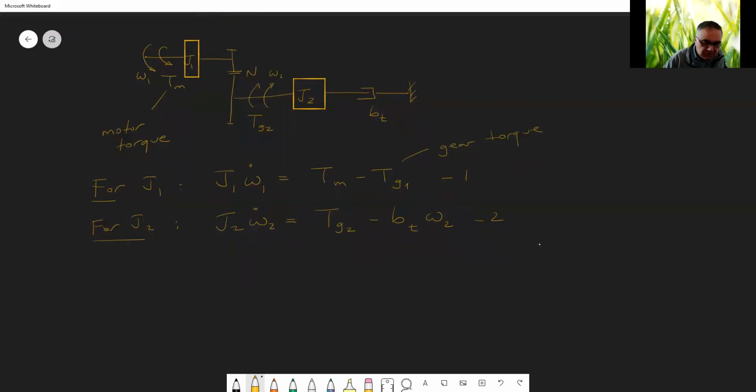Tg1 and Tg2 are related to each other by the gear equation.